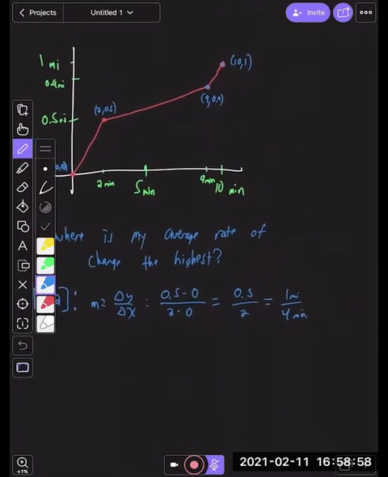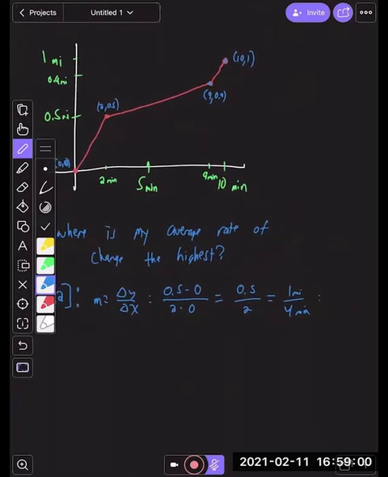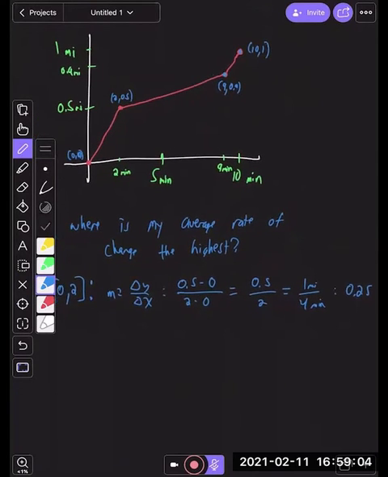It might be easy to compare in decimal. So we can go 0.25 in decimal form. So that I've covered this interval. Now let's look at the next interval, from 2 to 9. You can kind of visually see that that's going to be lower. Let's compare that algebraically. So I'm going to once again have that same formula.